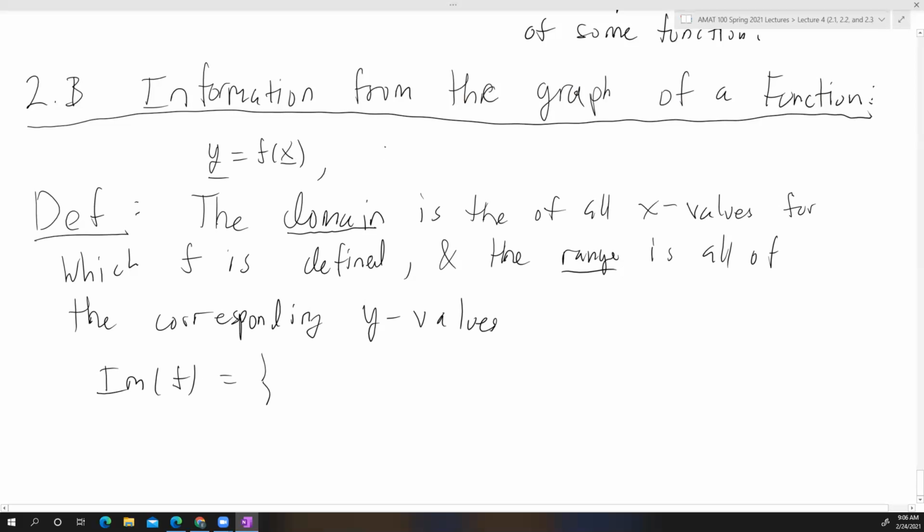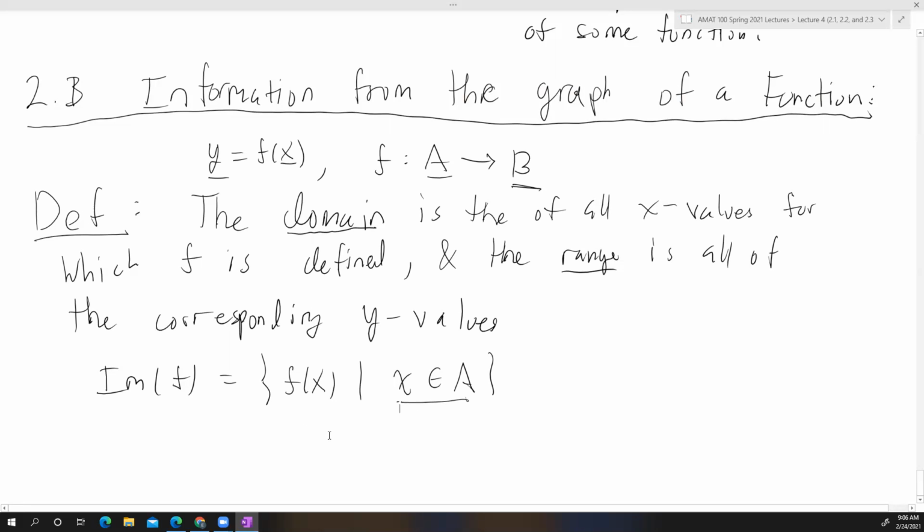So let's say the function is a function from A to B. So A is the domain, B is the codomain, and the image is a subset of B. And it's that subset which consists of all f of x, such that x comes from the domain. So you just take an element in A, plug it into the function, and put it in the set.